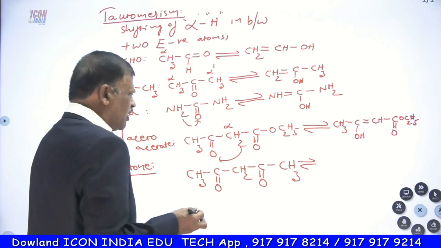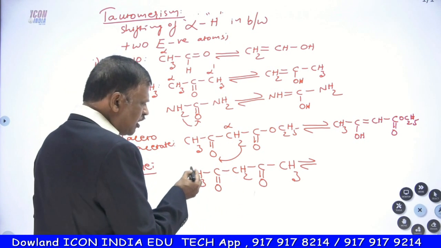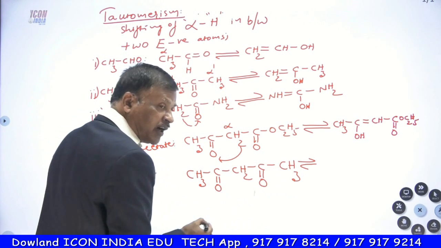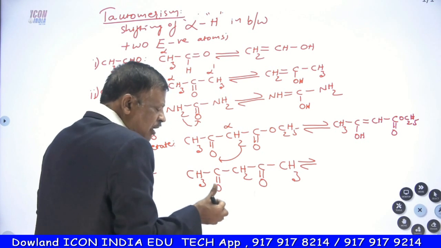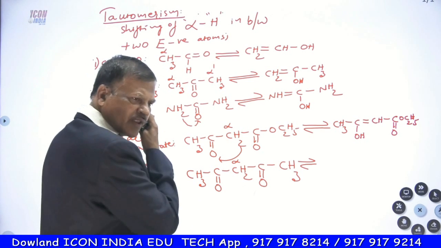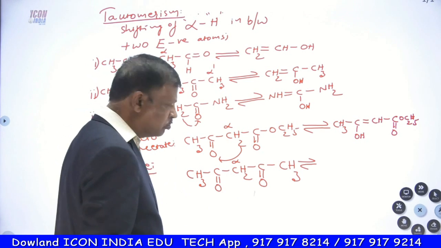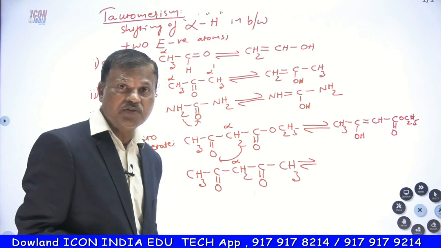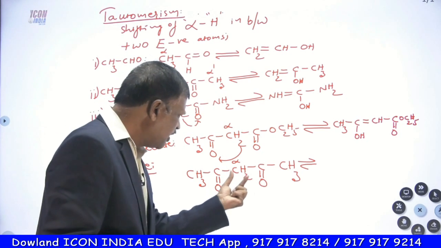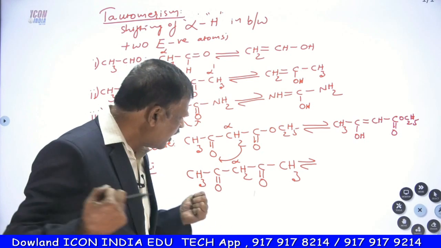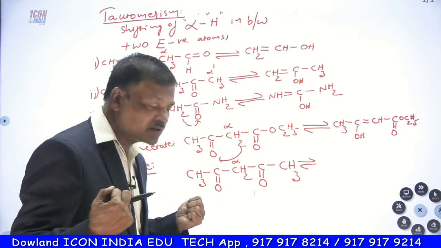Here these three are alpha hydrogens, these three are alpha hydrogens, these two are alpha hydrogens. But which alpha hydrogens are more reactive? Obviously this one. This is an active methylene group because it is in between two electronegative carbonyl groups.